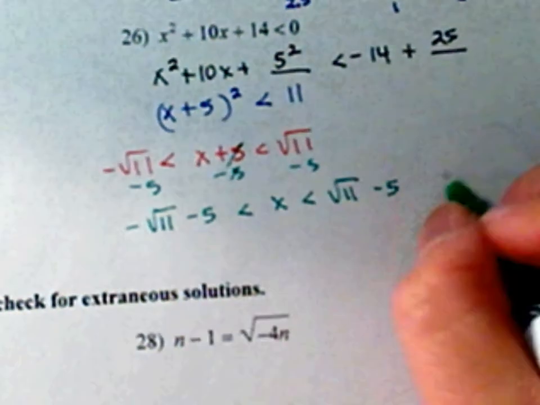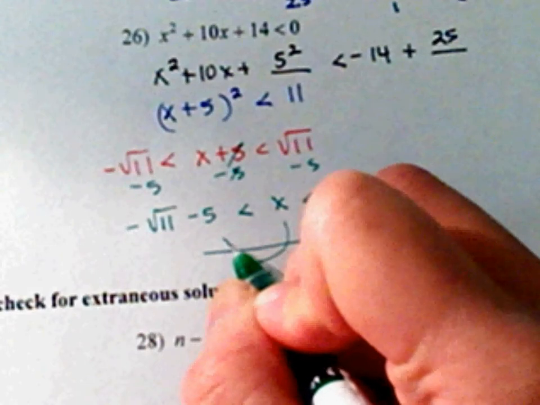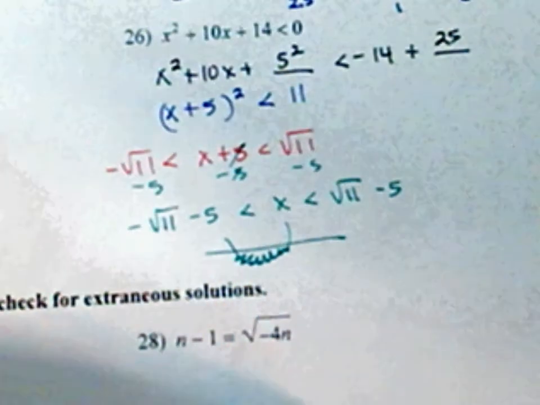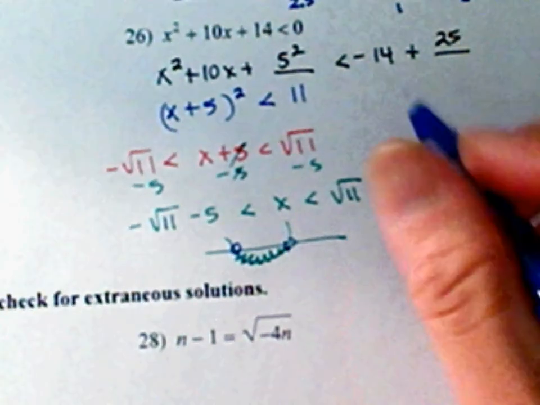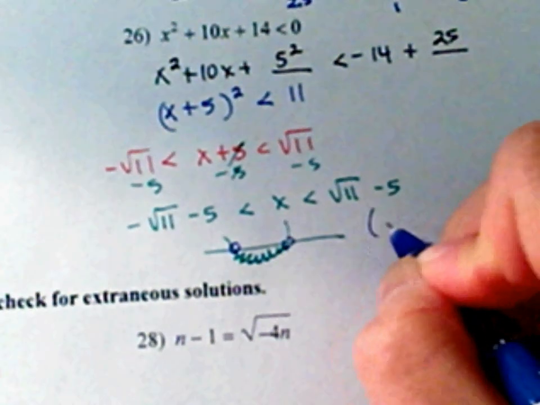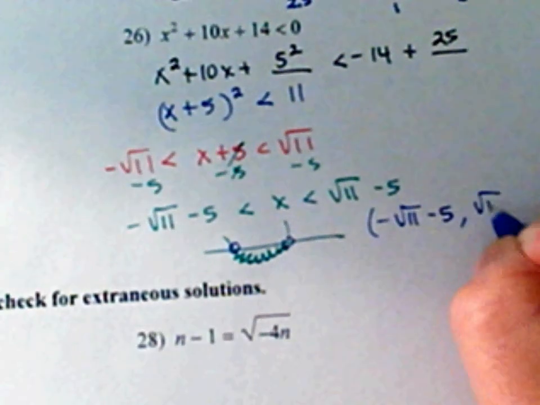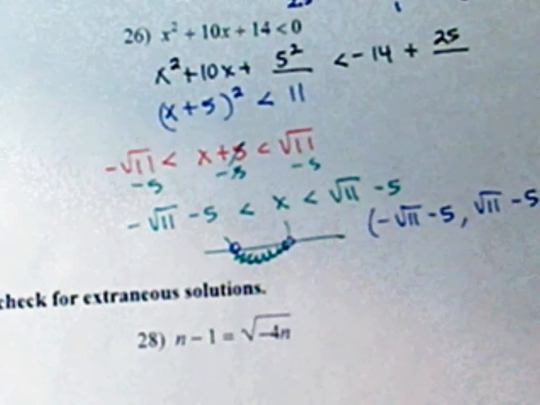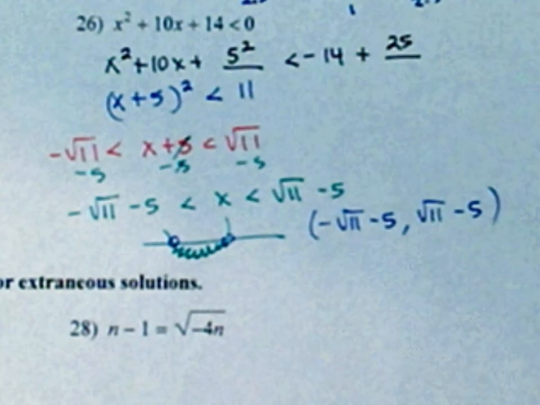So that means your solution is going to be toward each other. Okay? There we go. So, the answer is, parentheses, negative square root of 11 minus 5, comma, positive square root of 11 minus 5, parentheses. No equal sign. And there's number 19 through 26.